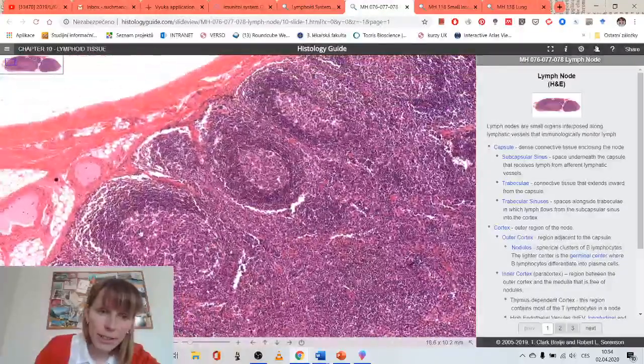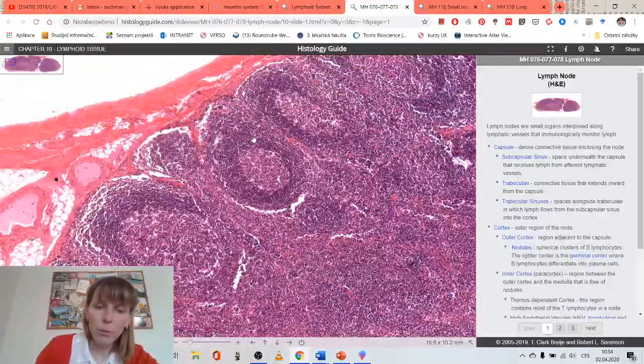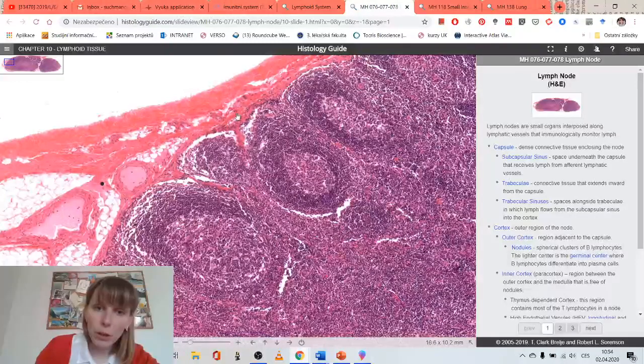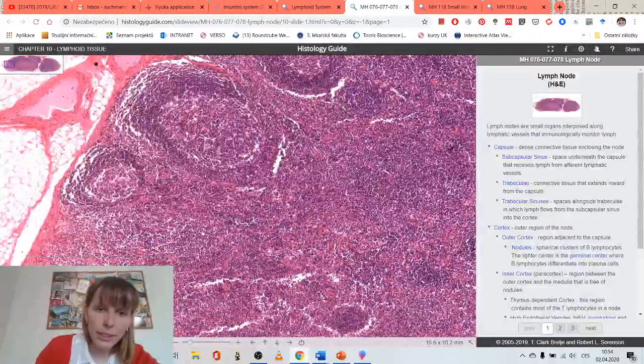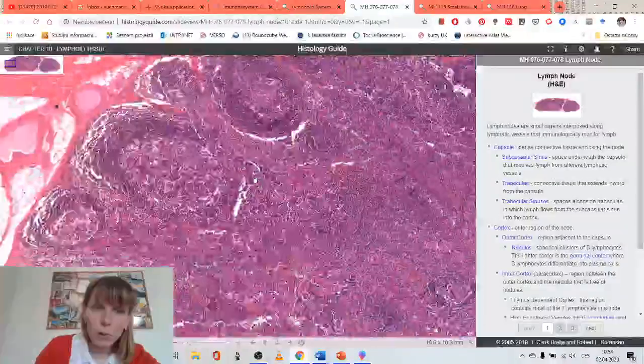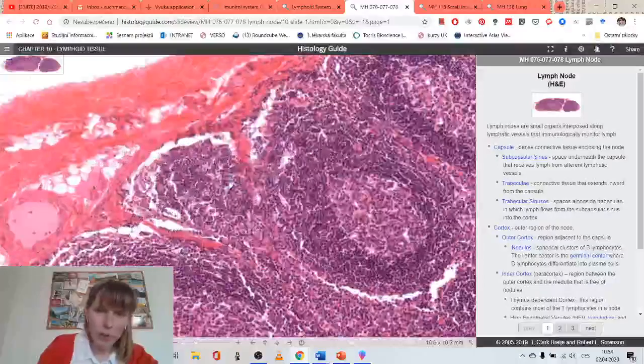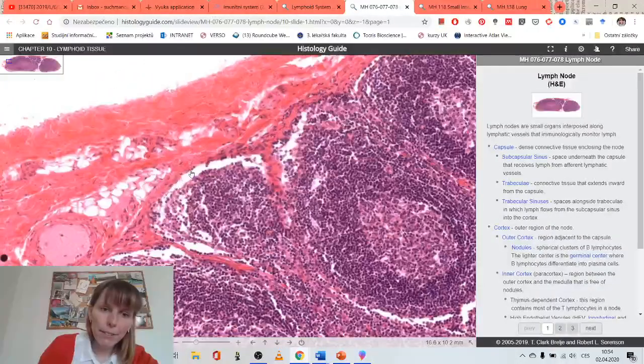And so this is the cortex of the lymph node with the follicles, and here you can see the connective tissue capsule. And this would be the trabeculae going into the lymph node. So cortex here, and then connective tissue capsule, and here nicely visible the subcapsular sinus.